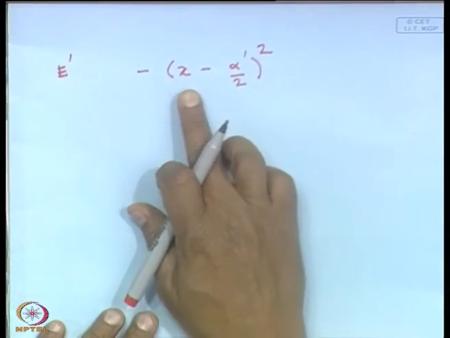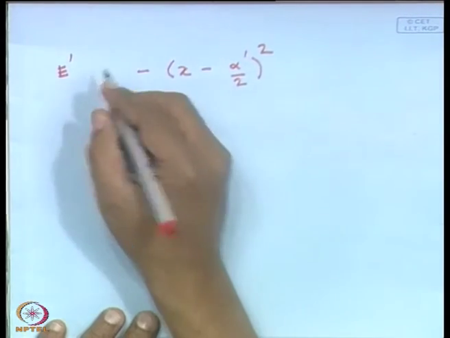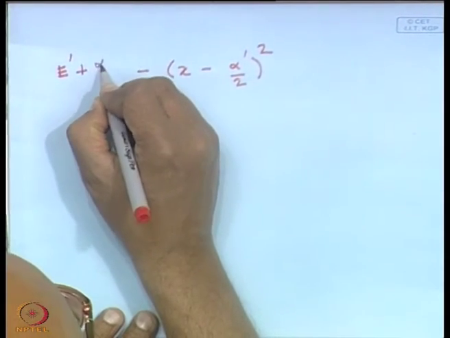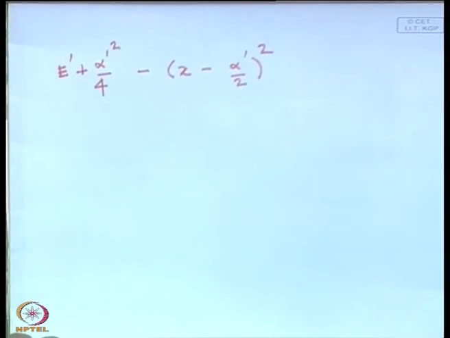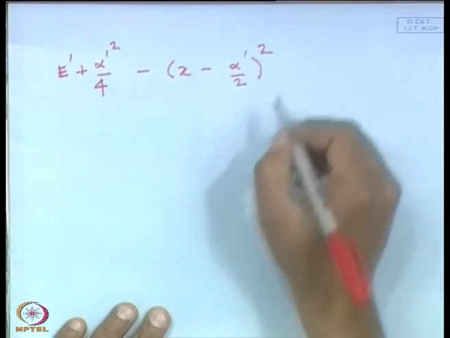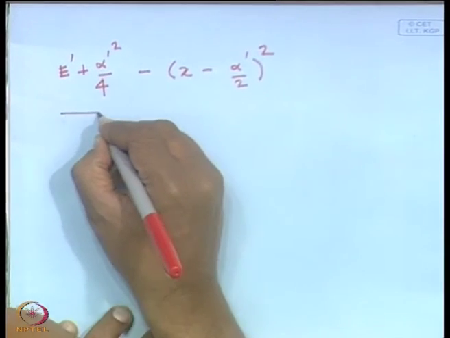I have one extra term, which is minus alpha prime square by 4, so I have to add plus alpha prime square by 4. Okay. So, this is the term that occurs under the square root in the denominator.